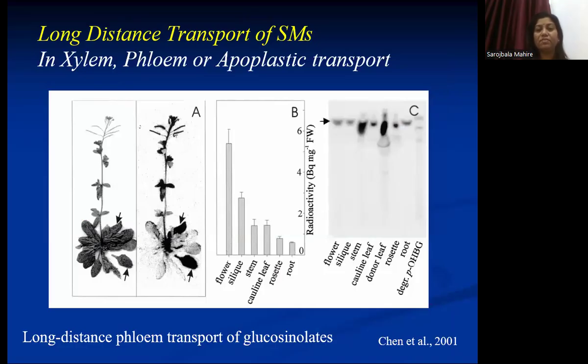Long distance transport of secondary metabolites in xylem, phloem, or the apoplastic transportation. Long distance means secondary metabolites can be transferred from different parts of the plant to other parts through xylem and phloem.